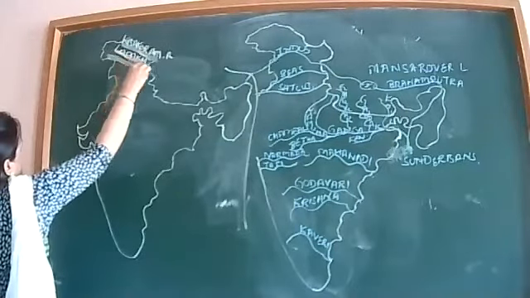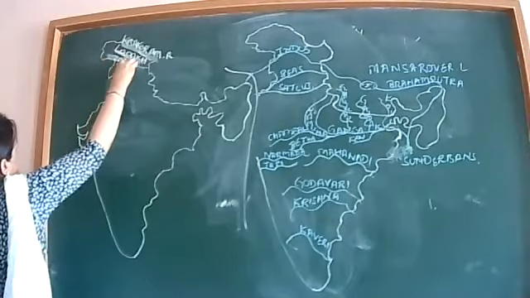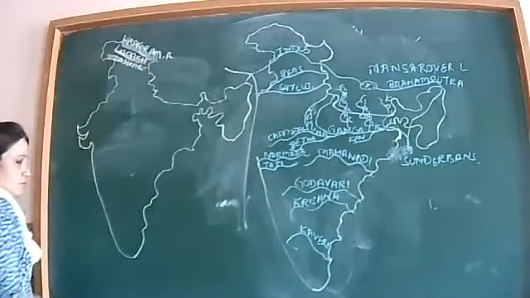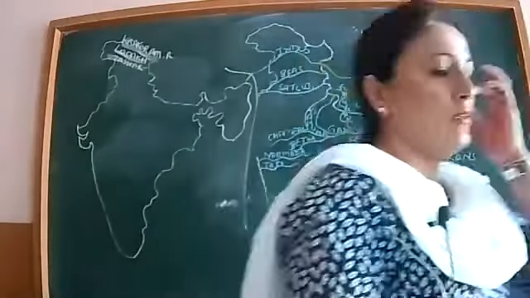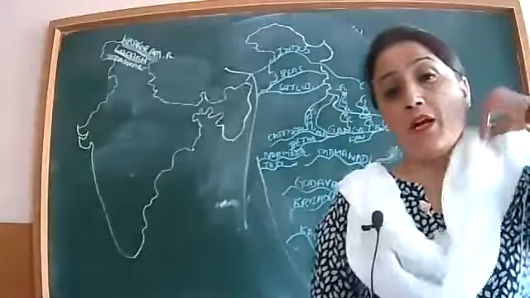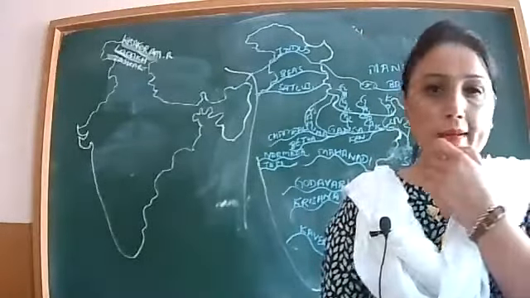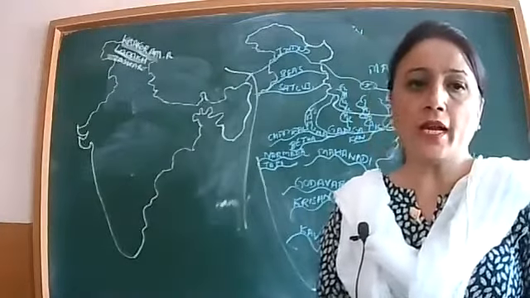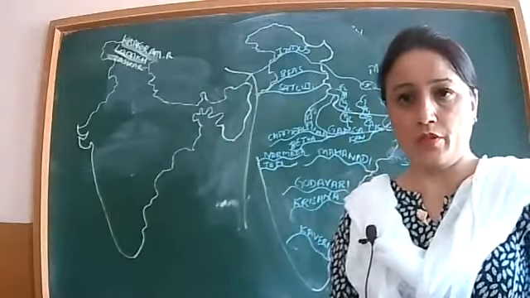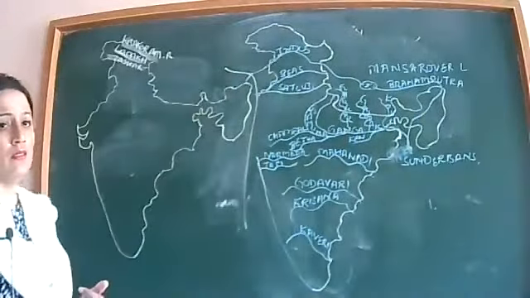Exactly below Ladakh we have Zaskar range. These three ranges are situated in the extreme northern part of India and they form the Trans-Himalayas. They run parallel to each other.